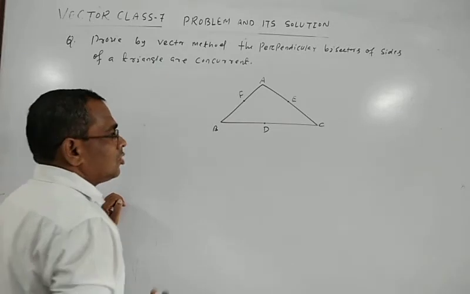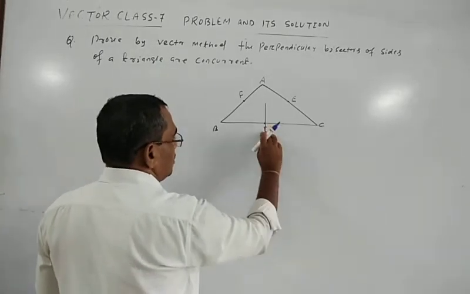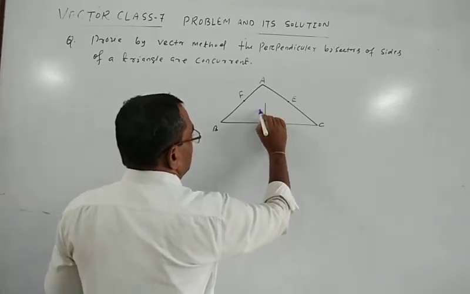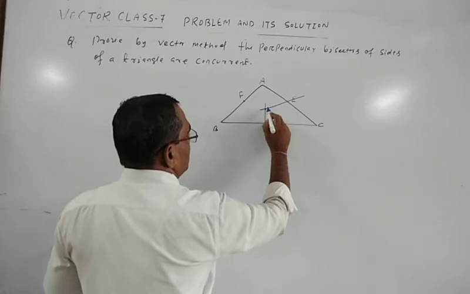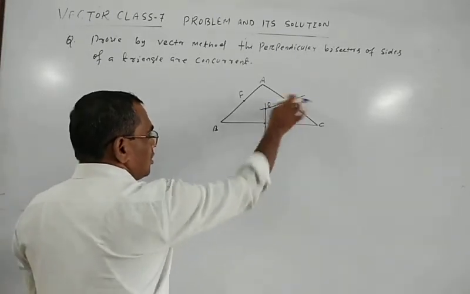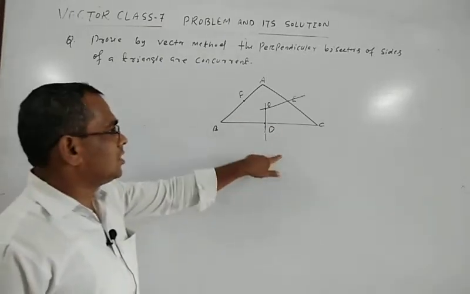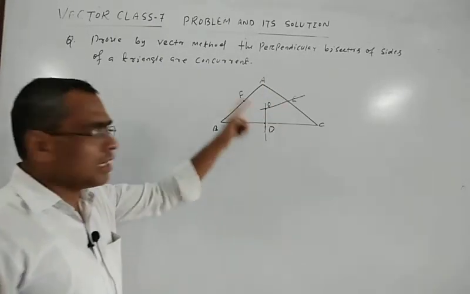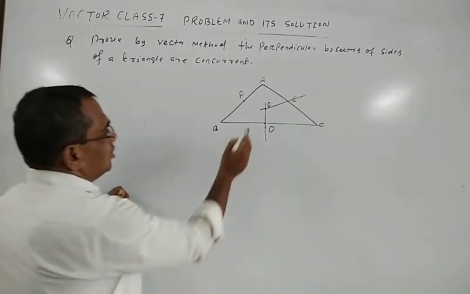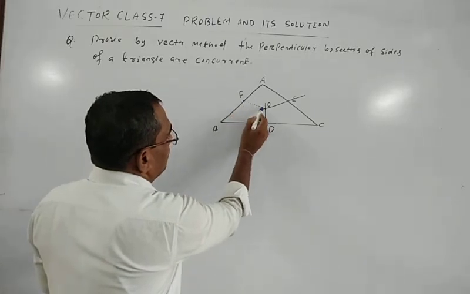Suppose two perpendicular bisectors DO and EO, the perpendicular bisectors of sides BC and AC, meet at point O. Meet at point O. Now you have to join OF.